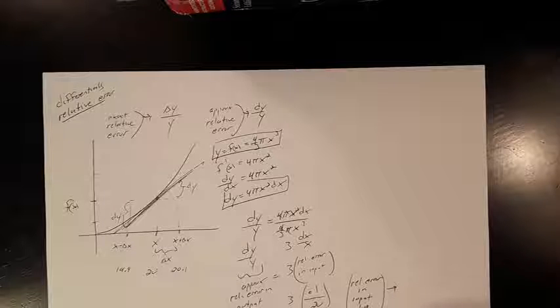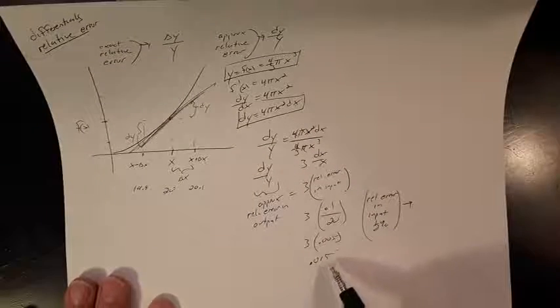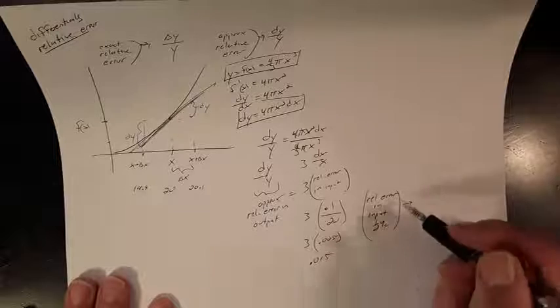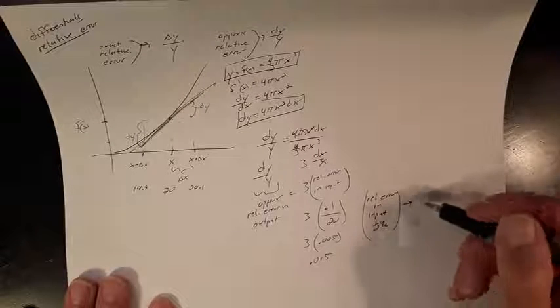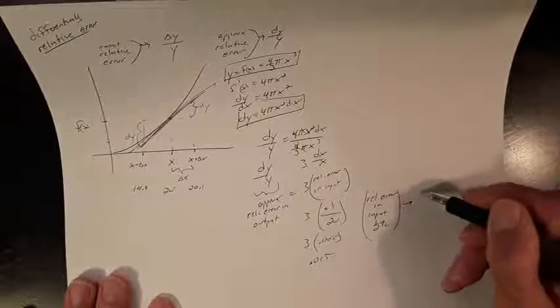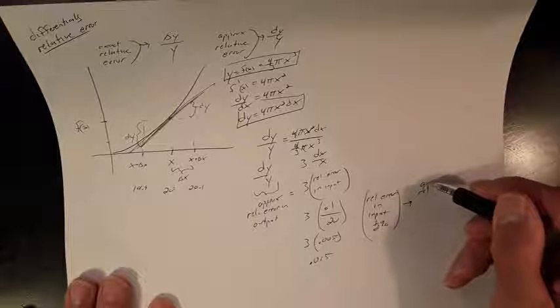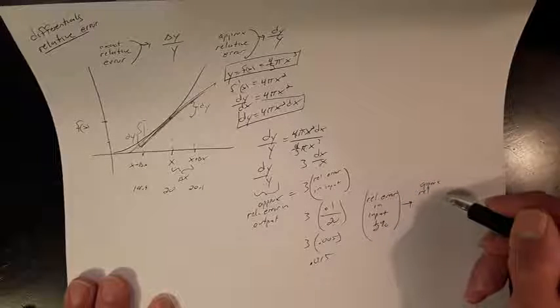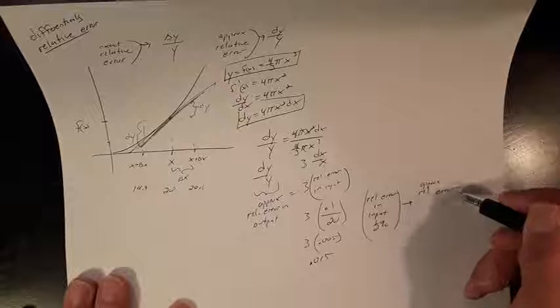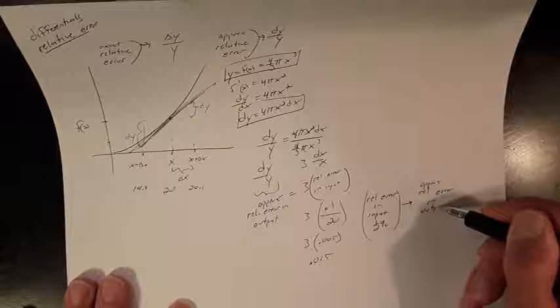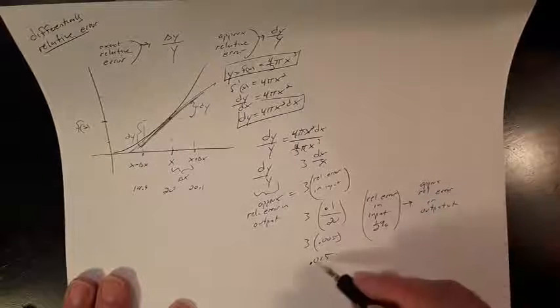That's 1.5%. So your relative error of 0.5% in input is going to yield an approximate, because we're approximating delta y with dy, relative error in output of 1.5%.